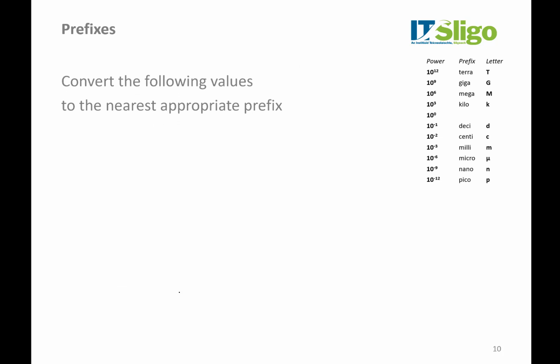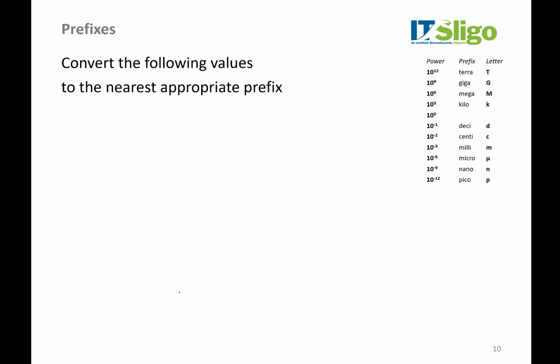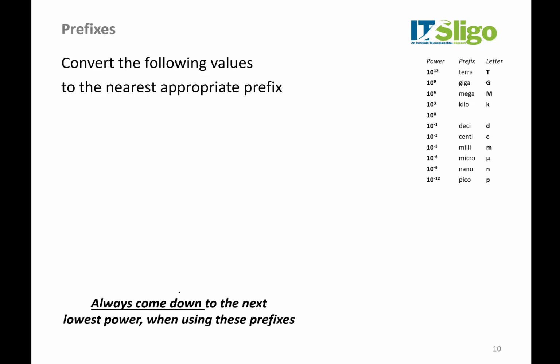So now we take a look at some problems with prefixes, and I'll talk you through them, and then you guys can have a go at a few yourselves. Convert the following values to the nearest appropriate prefix. We always have to drop down the list, so I'll show you what I mean. Whenever you get a value, you might end up, say, with 10 to the power of 4 as your answer.